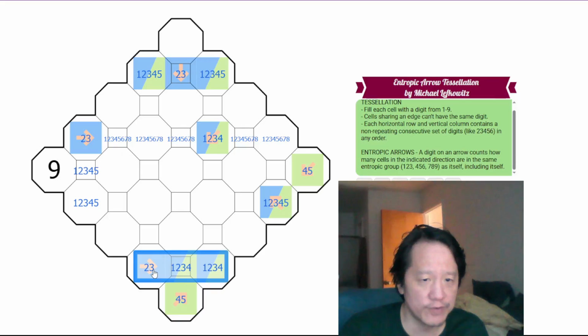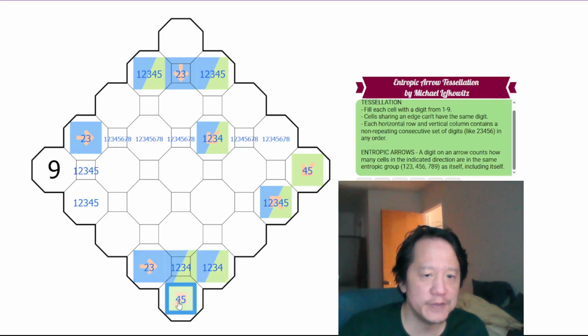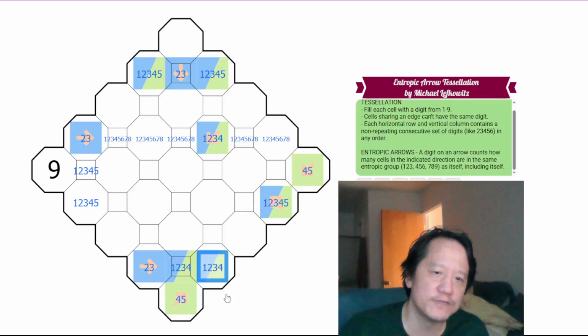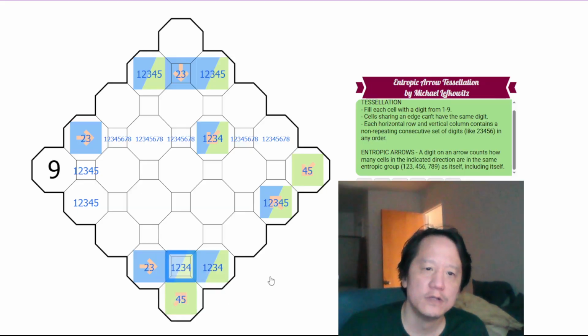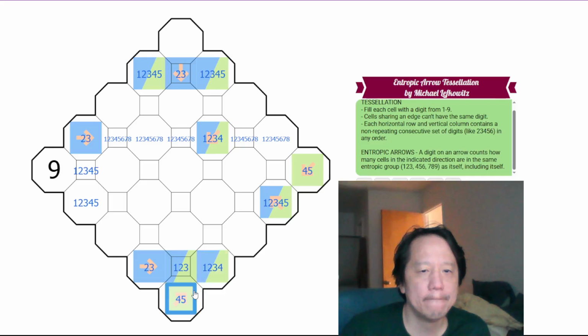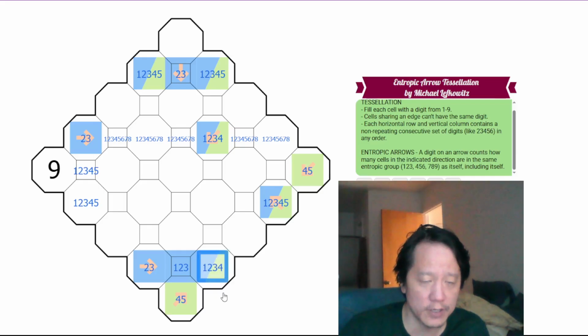If this is 2, 3, 4, this has to be 5, which means 4 has to be there. So this cannot be 4 here, which means this cannot be green. So we know this is blue or green here. We're not sure which.